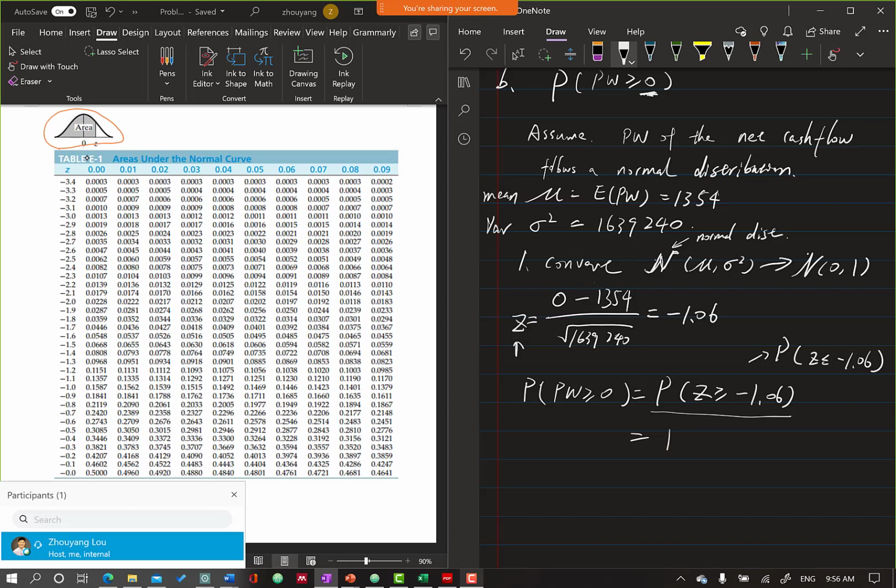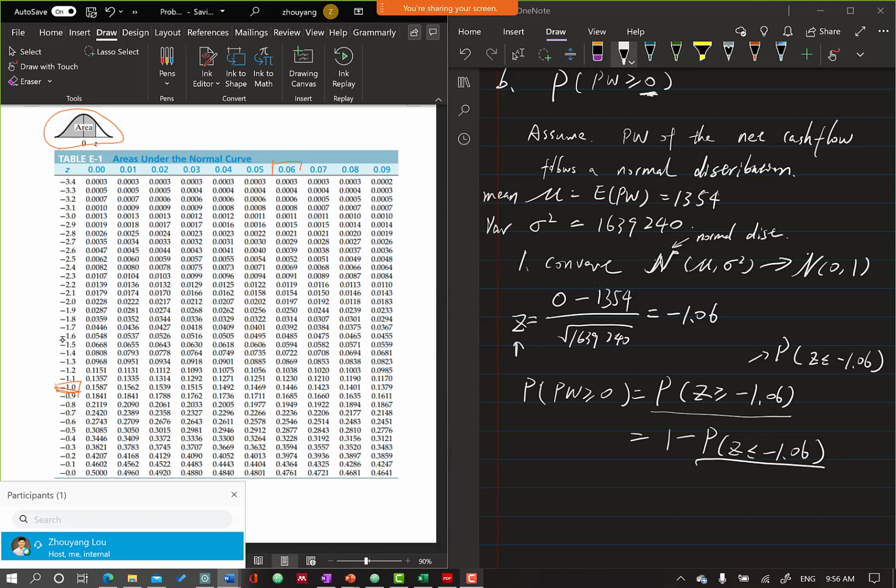So then we will have that this guy equals P(z less than or equal to 1.06). And to find this value in this table, first we can locate the integer and the first decimal point of the z value. So minus 1, that's down below here.